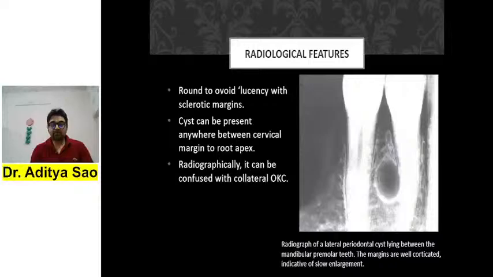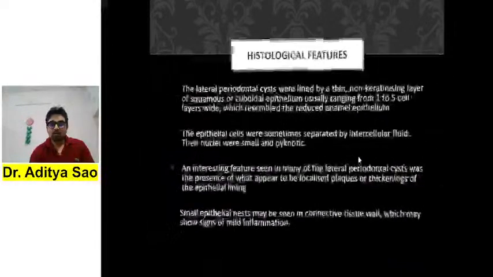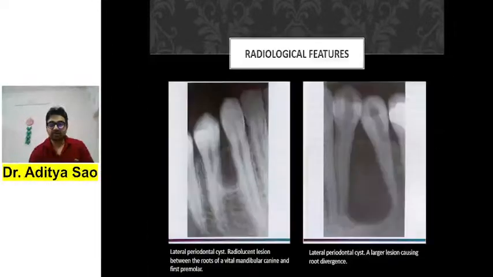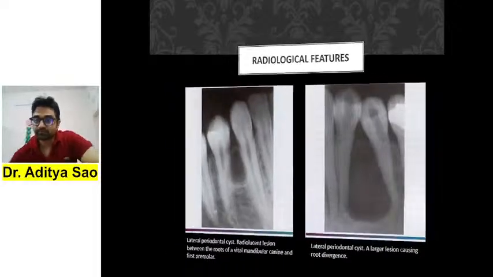But this lateral periodontal cyst is most commonly less than 1 centimeter in size. When it becomes more than 1 centimeter in size, then it becomes botryoid variety.